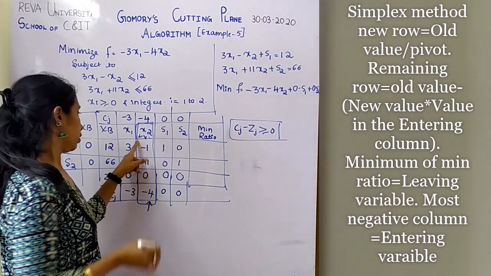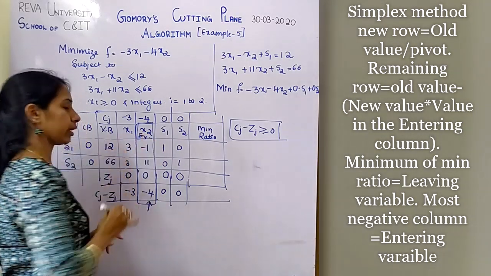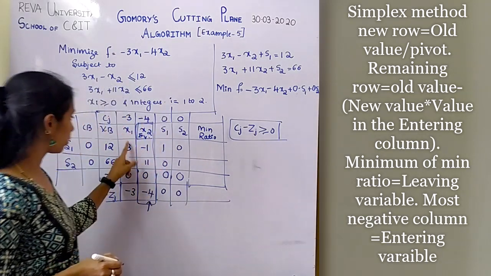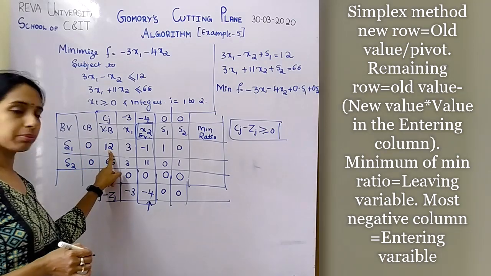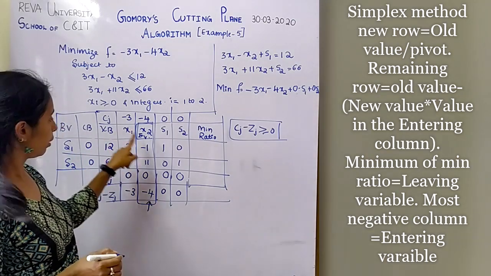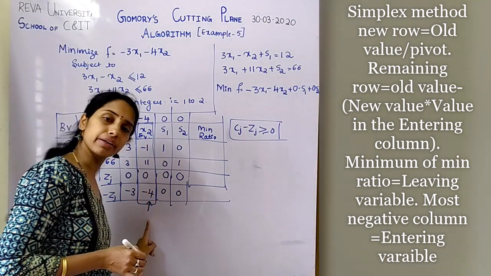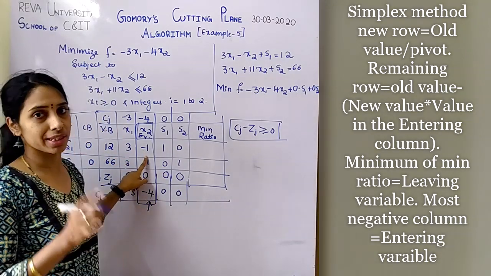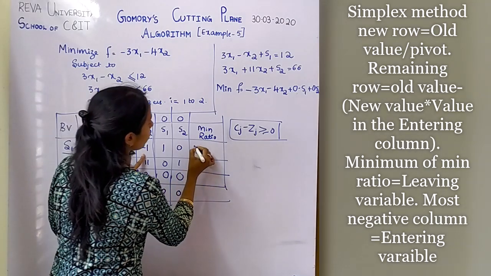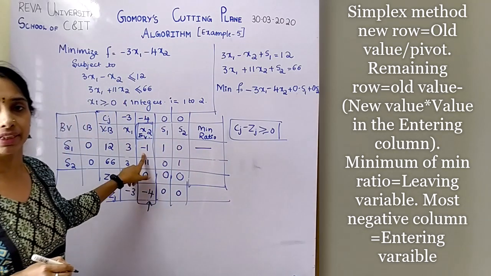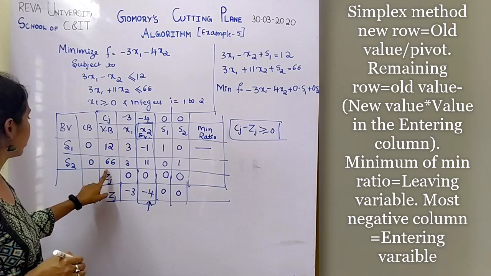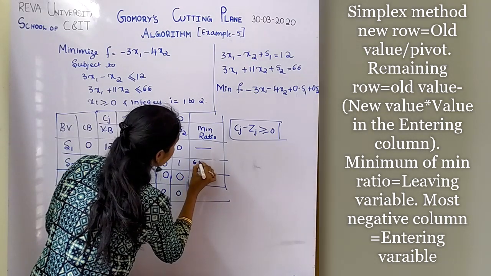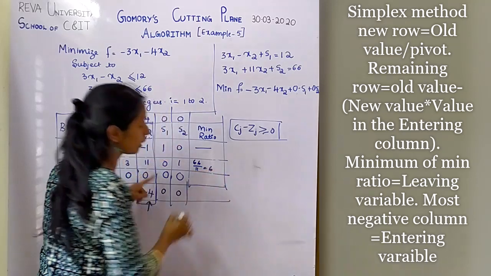Now the leaving variable. How will you find it? The formula is XB divided by the value in the entering variable column. So 12 divided by minus 1. Since it is negative, we won't consider this; we will write a hyphen. Then 66 divided by 11, you will get 6.